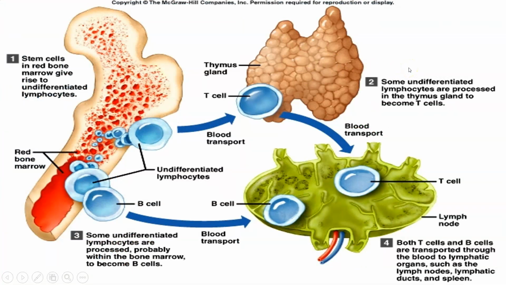Again, this is just a quick reminder of what happens. The bone marrow is where B and T cells are made. However, T cells go to the thymus where they mature before entering the lymphoid tissue.